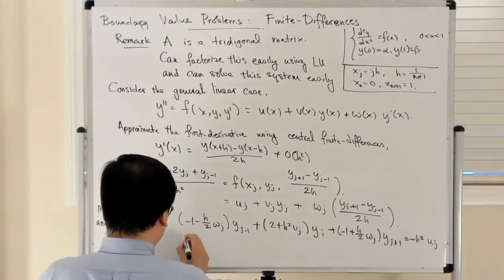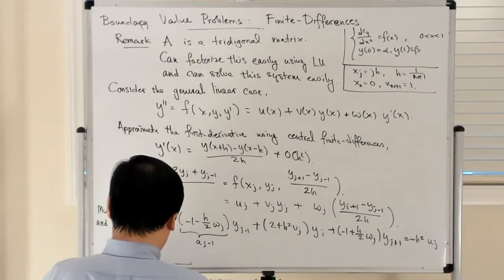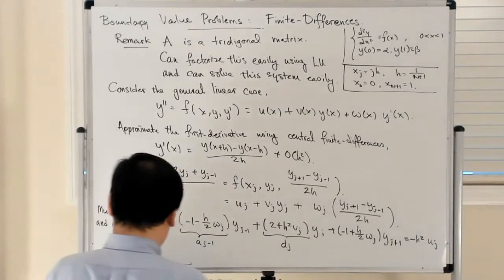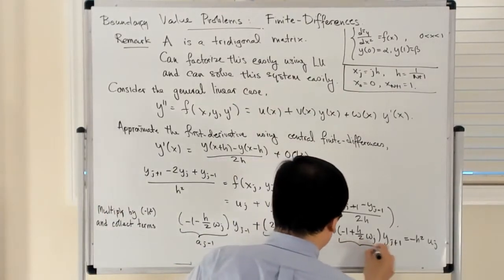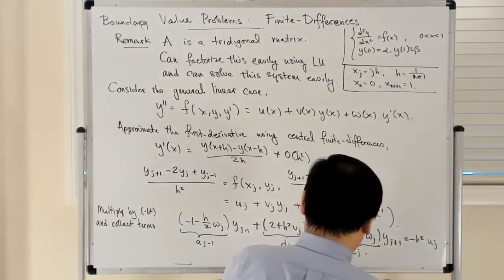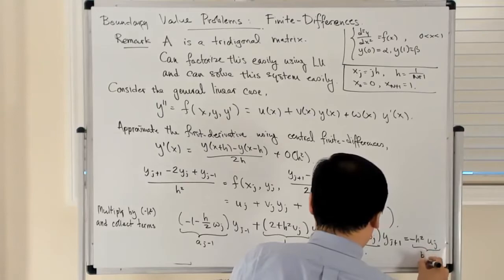All right, so let's call these things something. Let's call this a j minus 1, this dj, and this cj. And let's call this whole thing bj.